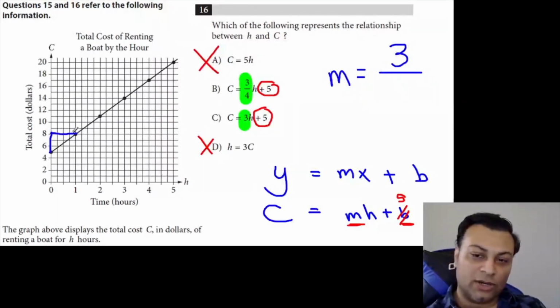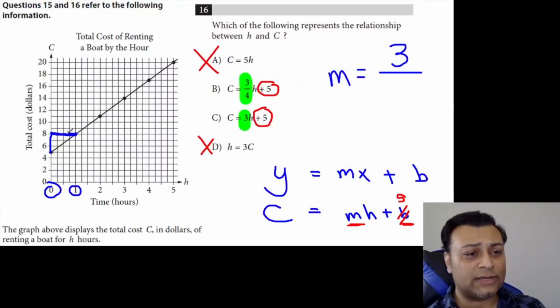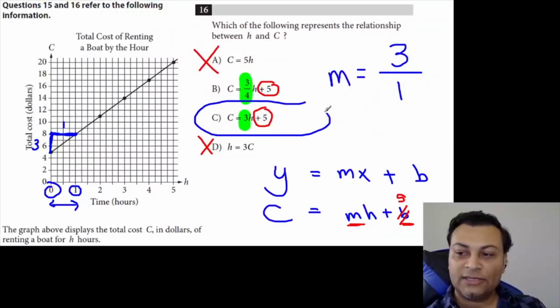The run is only 1. It goes from 0 to 1. It looks like 4 on the grid, but we're not counting grid boxes. We're counting units. This is up 3, and this is right 1. It went from 0 to 1. So 1. The slope is only 3, so the answer is C.